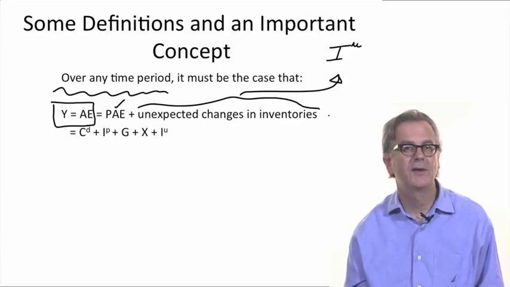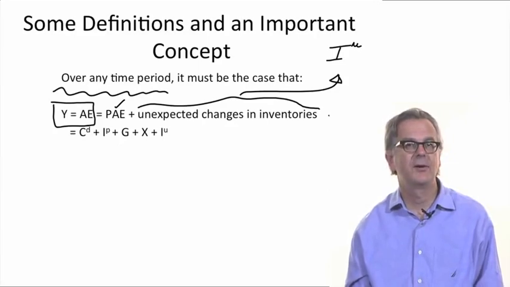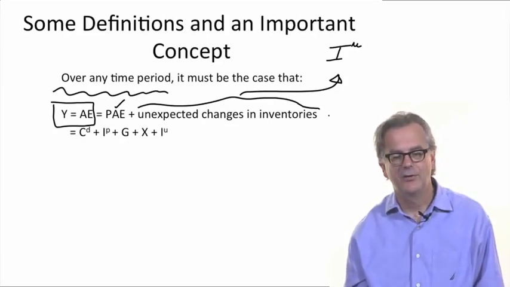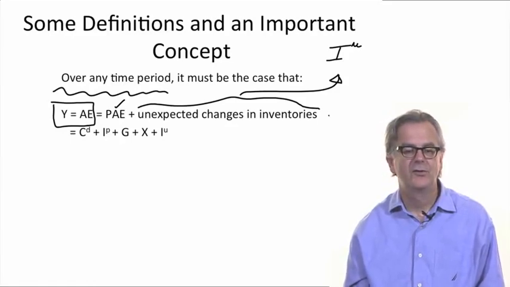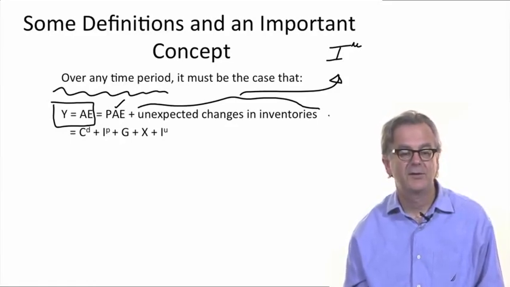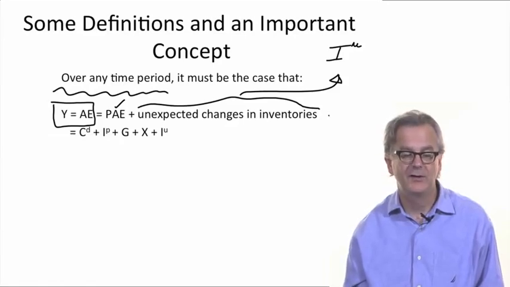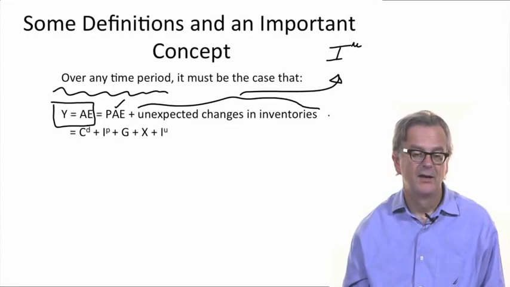One, a component that's planned aggregate expenditure, and secondly, an unexpected component which occurs should planned aggregate expenditure and output differ for whatever reason. That shows up as unexpected inventory changes. That can be thought of as unexpected investment.